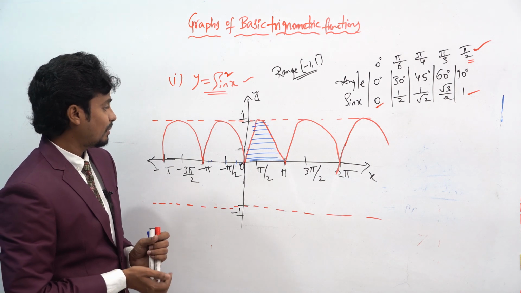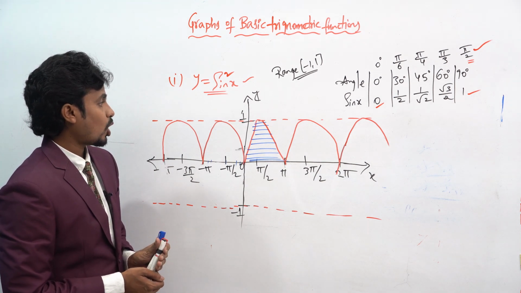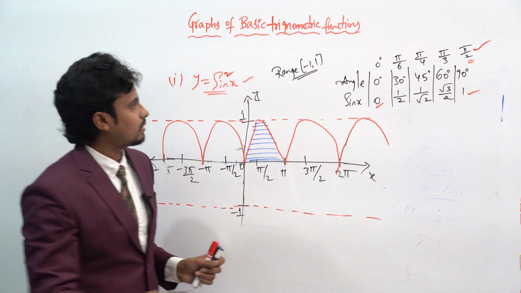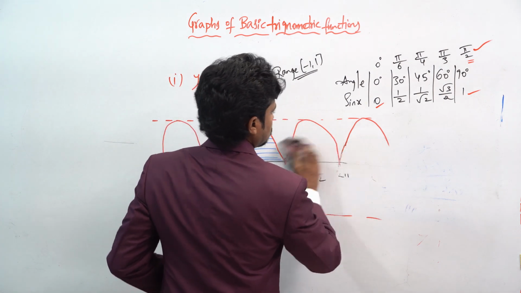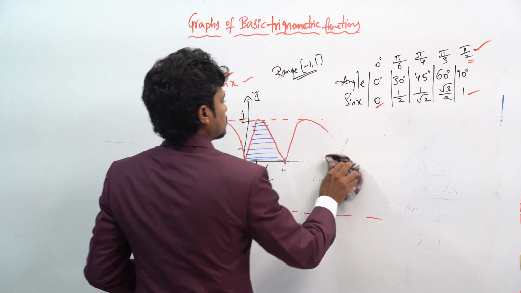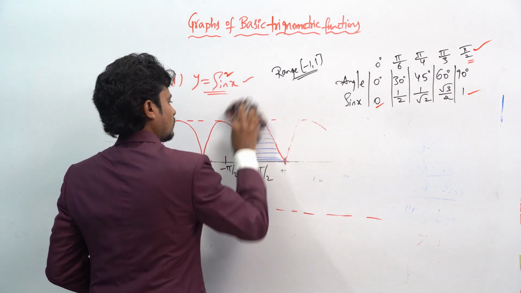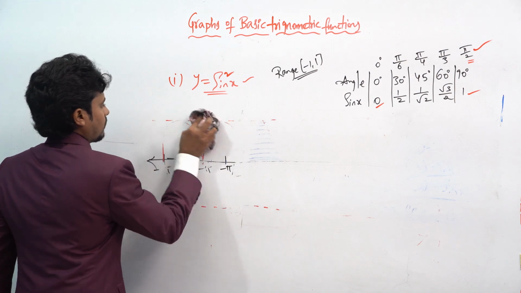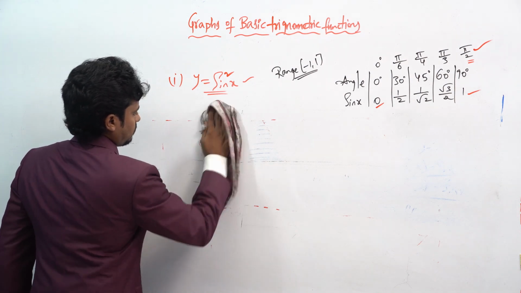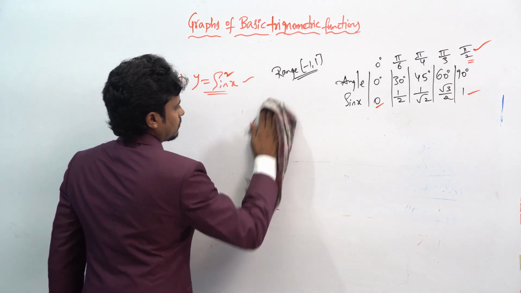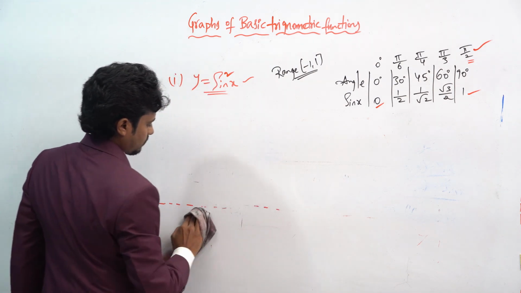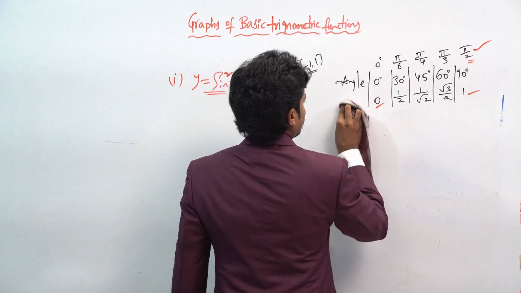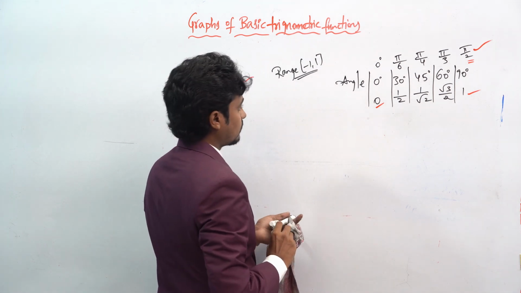Okay, similarly, if you want to write for cos square x, what will happen to the plot? So this will become the cos x.